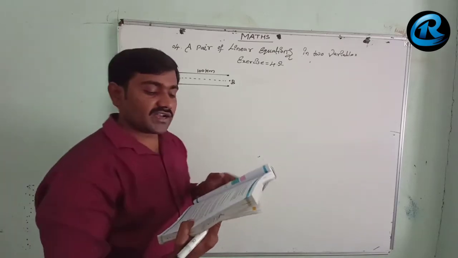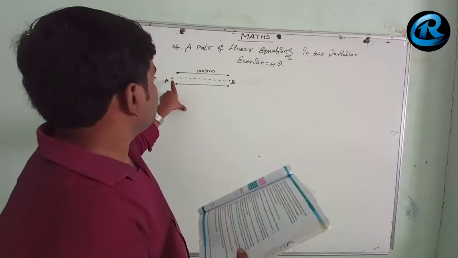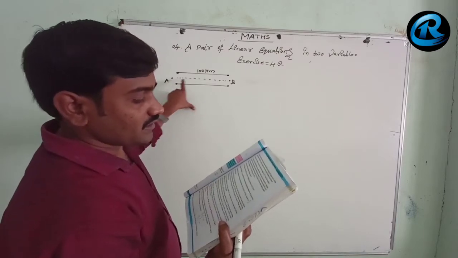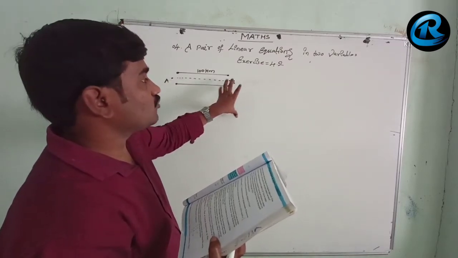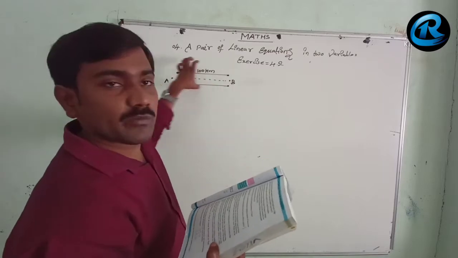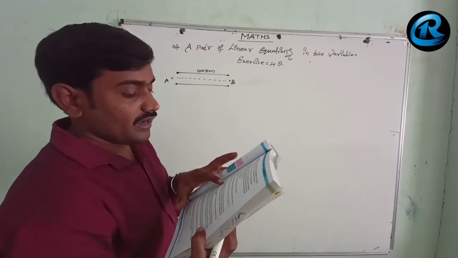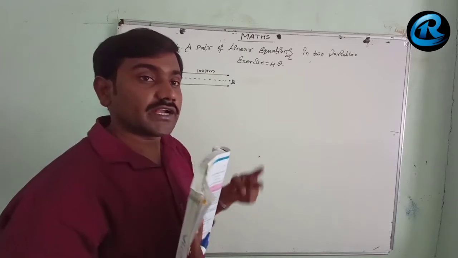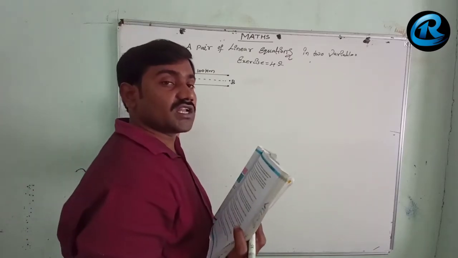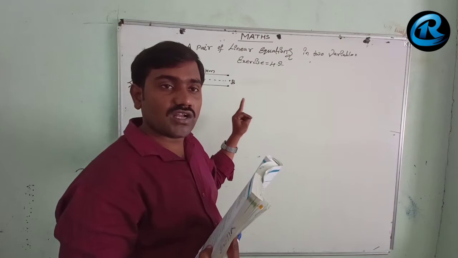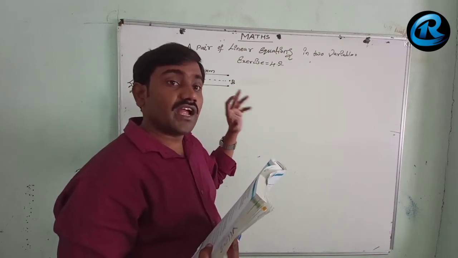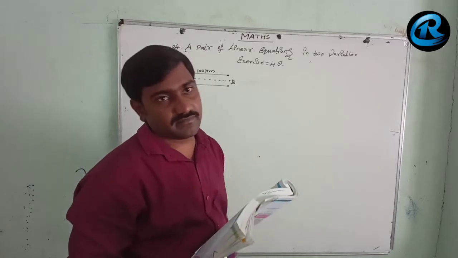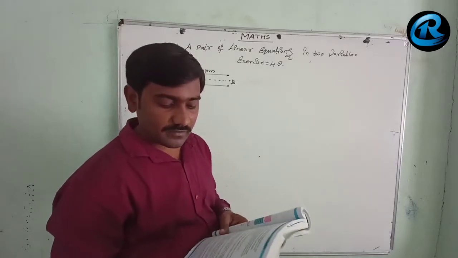Then one car starts from point A and another from point B. There are two cars starting from point A and point B at the same time, at different speeds. One car starts from A, the other car starts from B, at the same time but with different speeds.